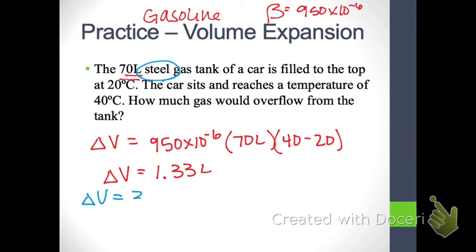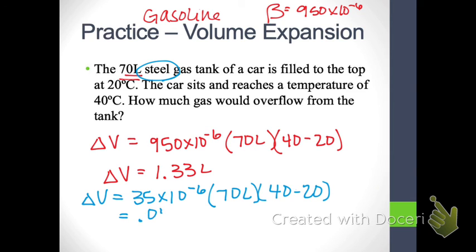coefficient for steel, which is 35 times 10 to the negative 6th. It started out at 70 liters, and it's going to have the same temperature change. Okay, so that's 35 times 10 to the negative 6 times 70 times 20. That means my tank only expands 0.049 liters.